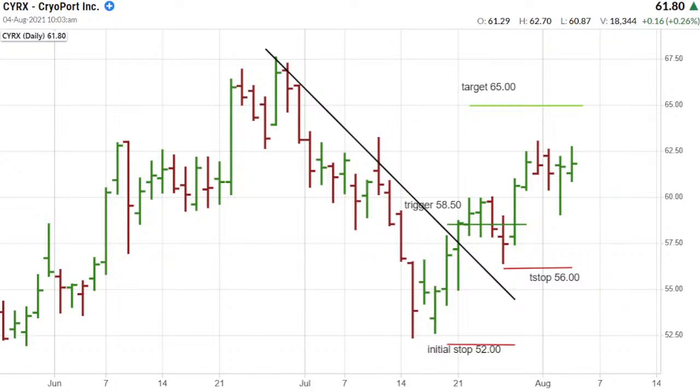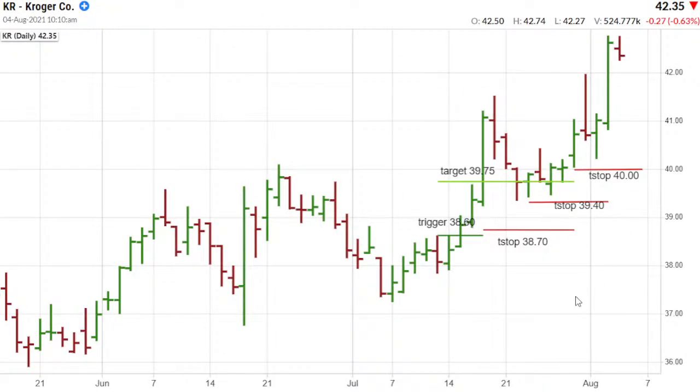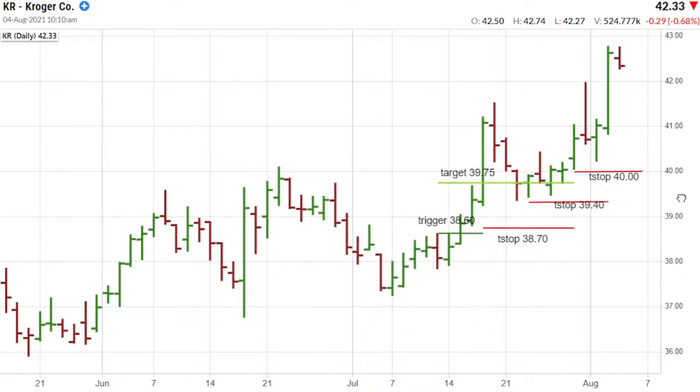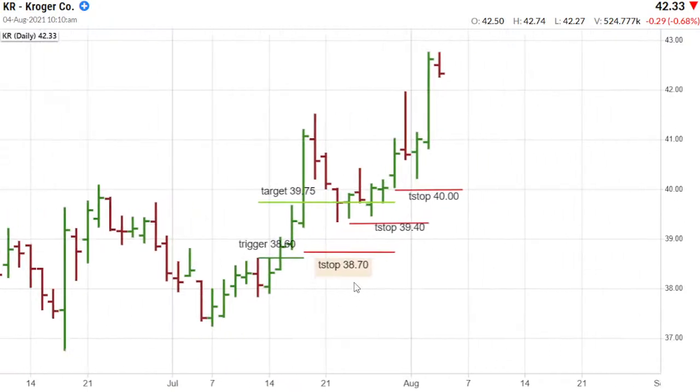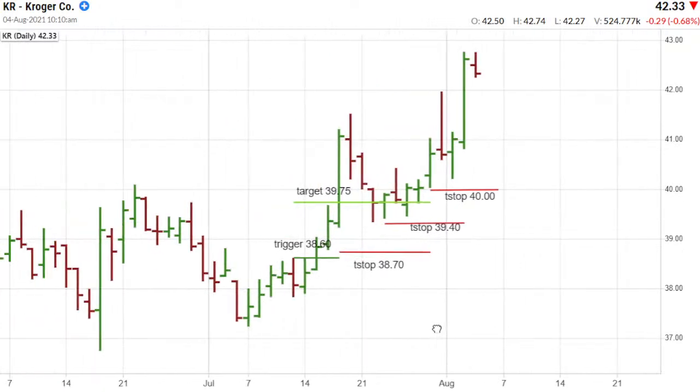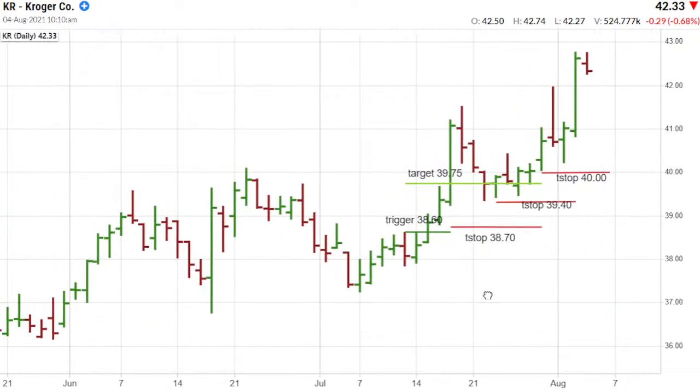Moving on, the next one is Kroger's. And Kroger's, you can see at one point here there was an initial stop down here. Whoops. Oh, these charts are starting to act flaky again.